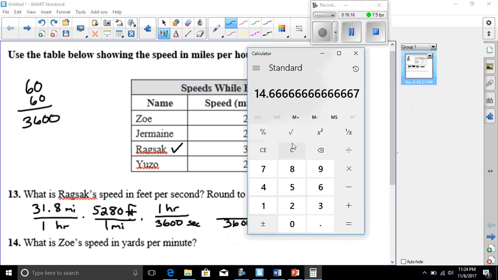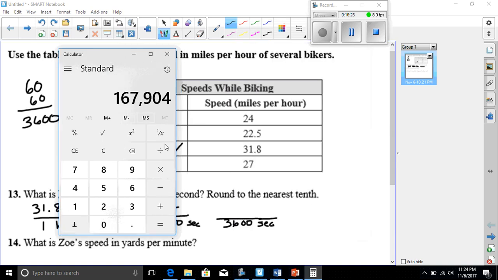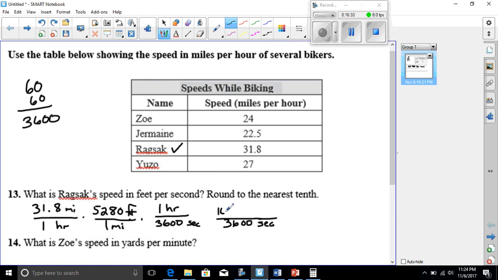We have 31.8 times 5280 equals, oh boy, that's a big one. Looks like 167904. We got rid of our hours. We got rid of our miles. So that tells me this is in feet per second. Feet.